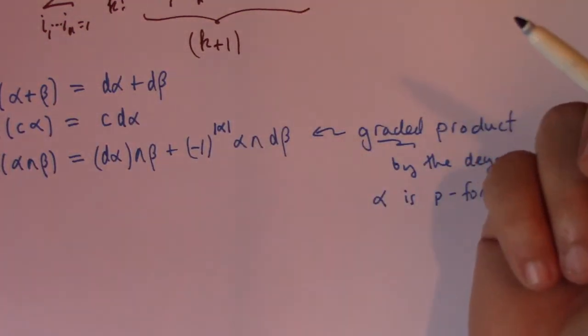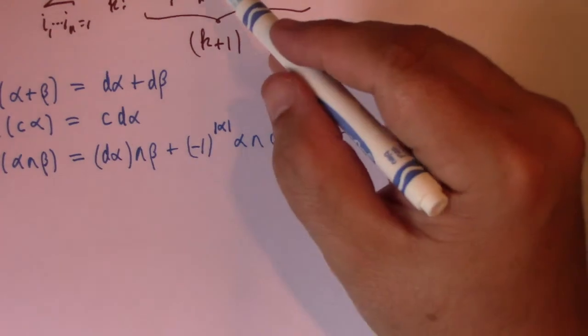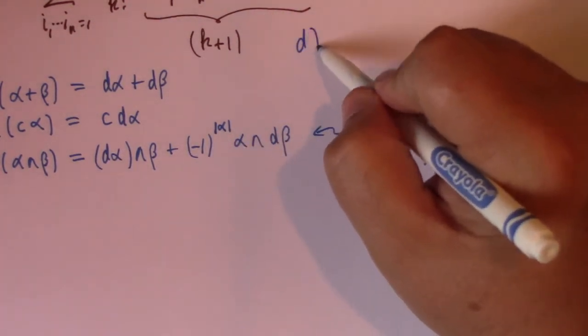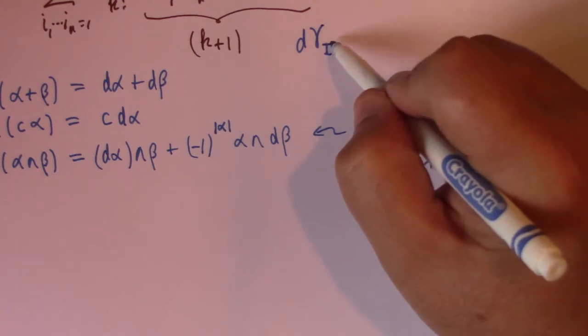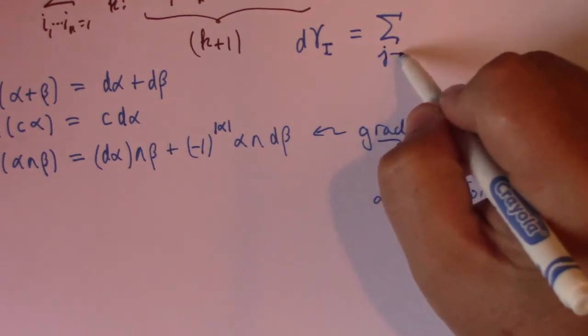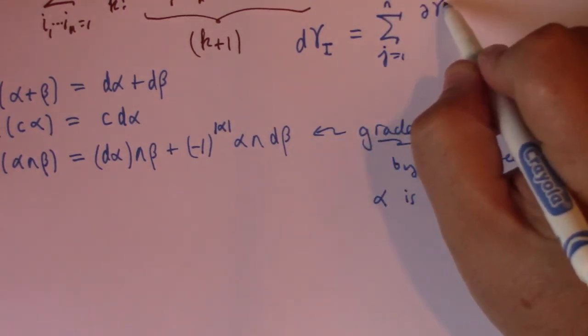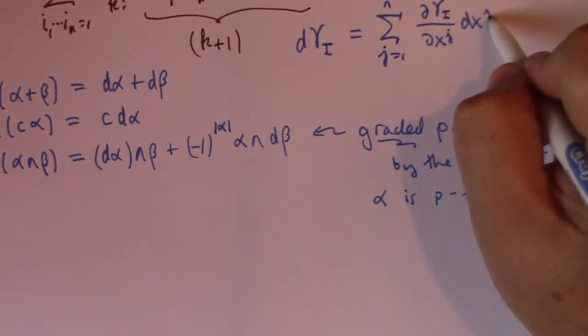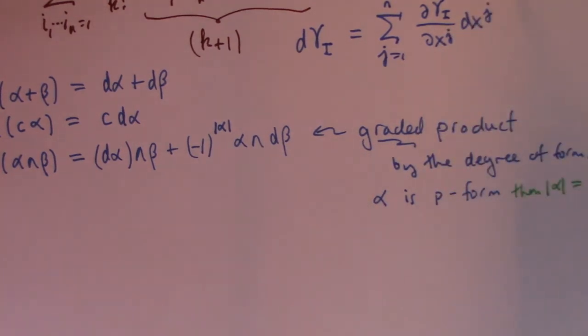You understand this d gamma here is exactly just the total differential, right? Let me use the multi-index notation for a second here. d gamma I would just be the sum over j equals 1 to n, partial gamma I, partial xj, dxj. That's what that means, okay? So these two properties basically just follow from the ordinary algebra of the distributive property of wedge products and the corresponding properties for partial differentiation.